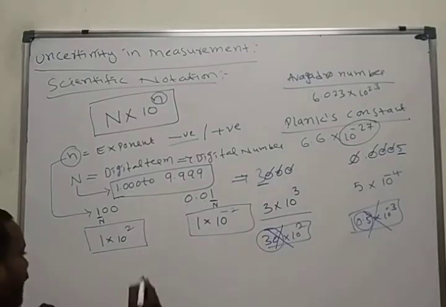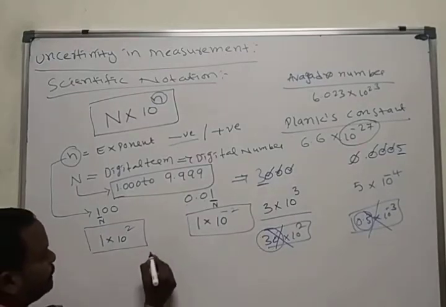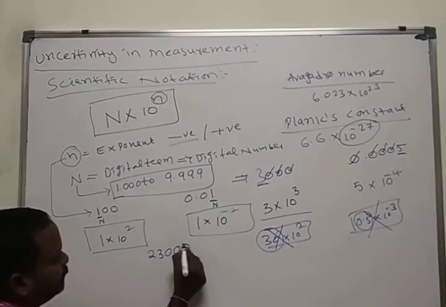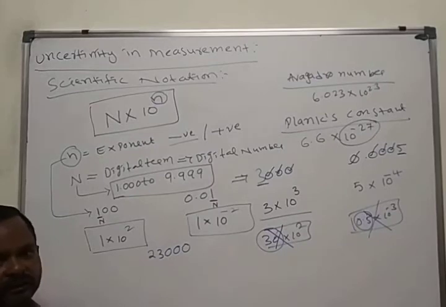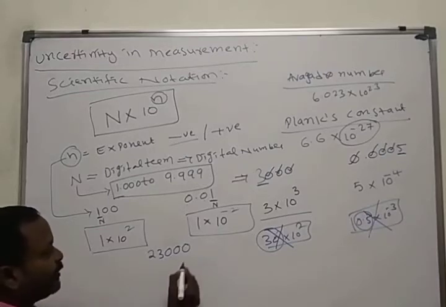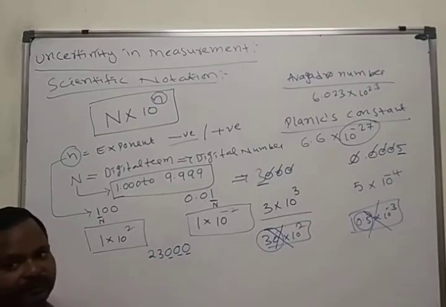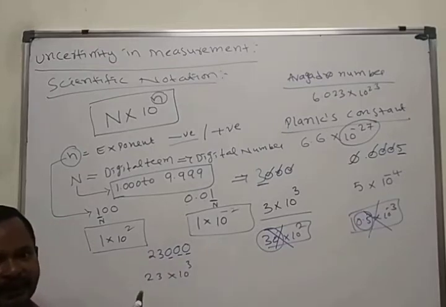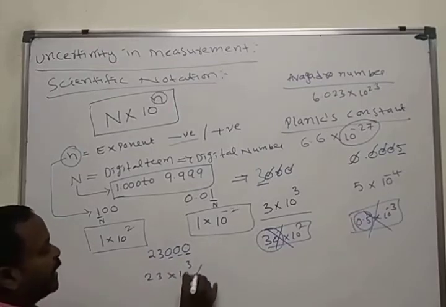Here I am taking one more number, 23,000. How will I write 23,000? How many zeros are there? 3 zeros. Here you take 23, write 10 to the power of 3. Is it right? Wrong.